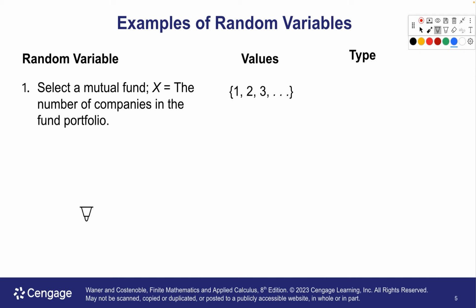However, there's really no upper limit. It's not like you're limited to only 100 companies or even 1,000. Most mutual funds won't have an infinite number of companies, but we have to leave it open-ended because there is no natural limiting value. So it is a discrete and infinite type of random variable.